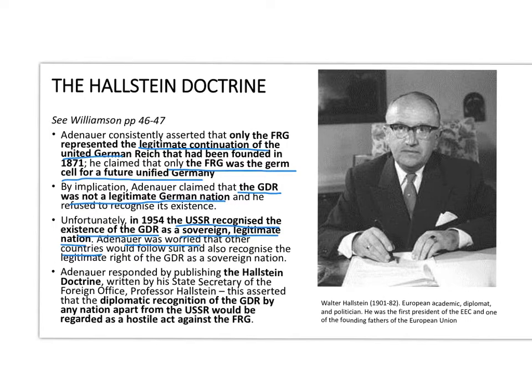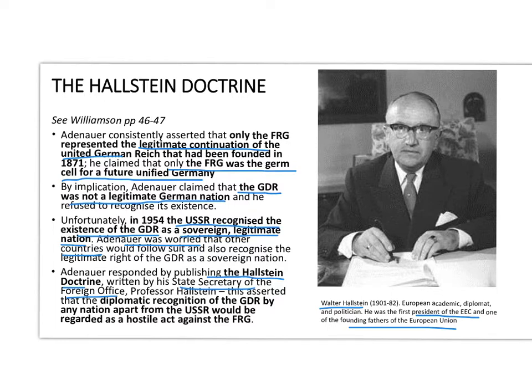So what Adenauer did is he published the Hallstein Doctrine. Hallstein was a university academic. He was the first president of the EEC, and one of the founding fathers of the European Union. He was given the position of State Secretary of the new Foreign Office that was created.